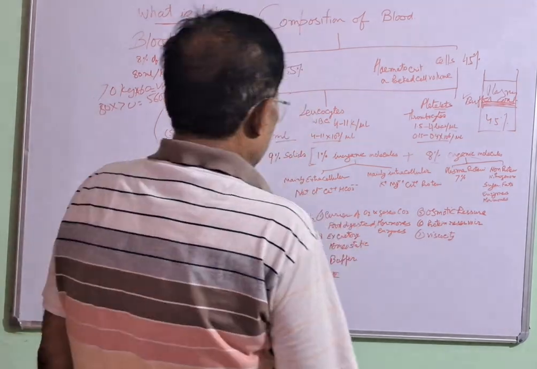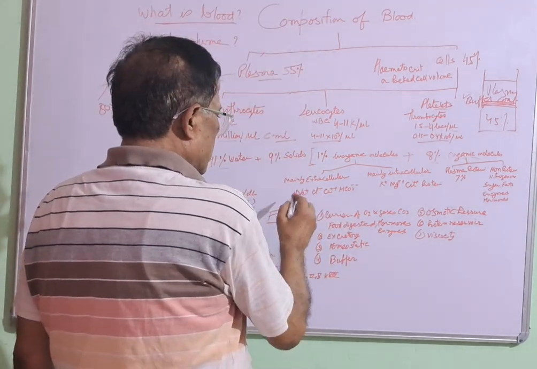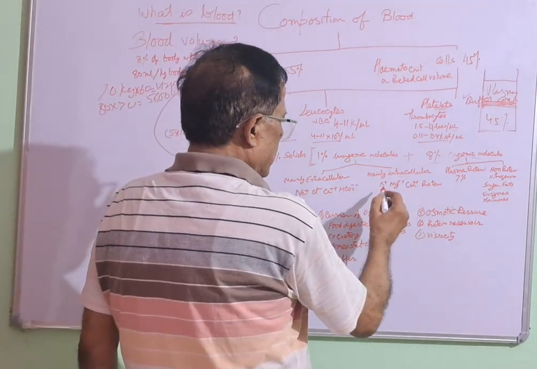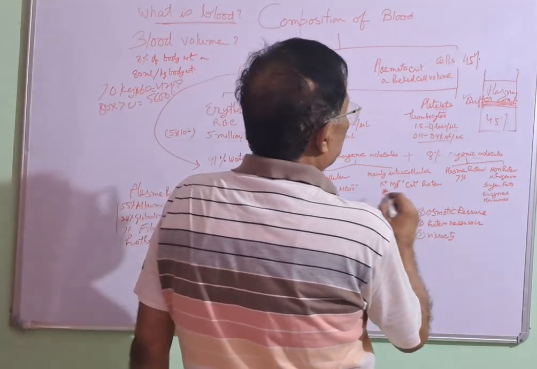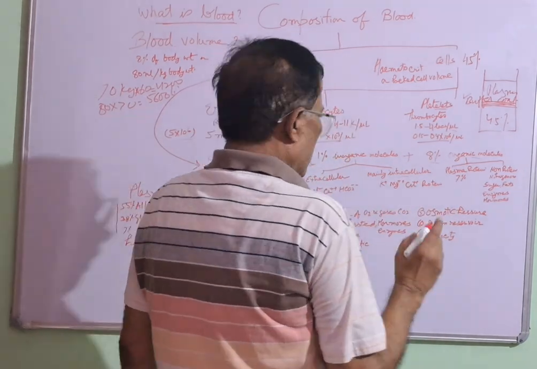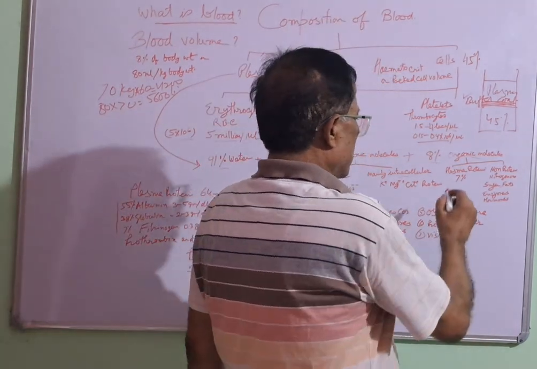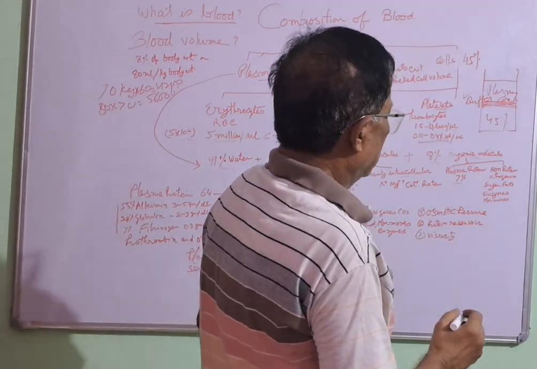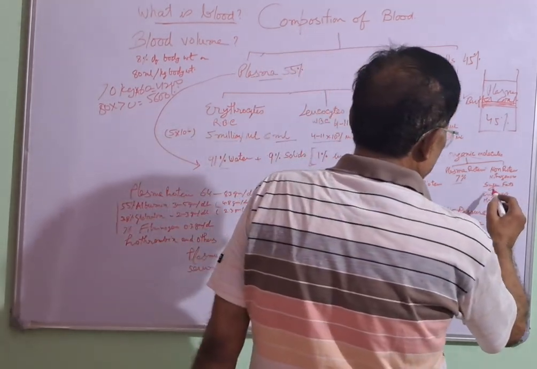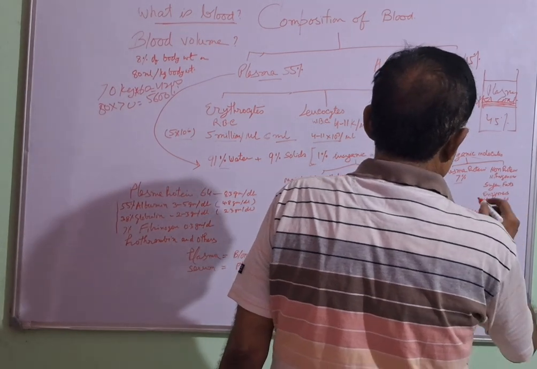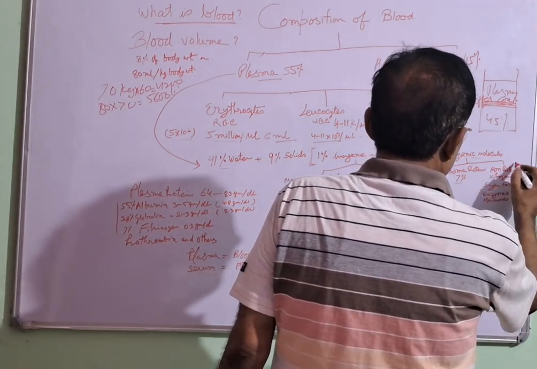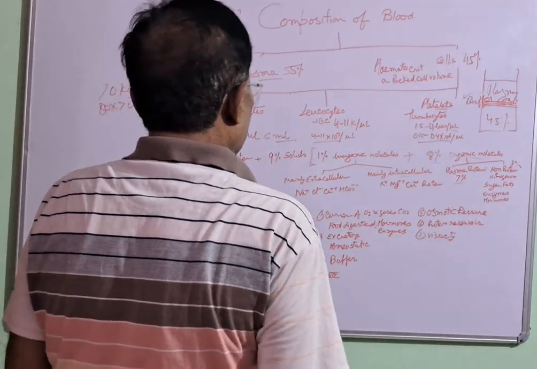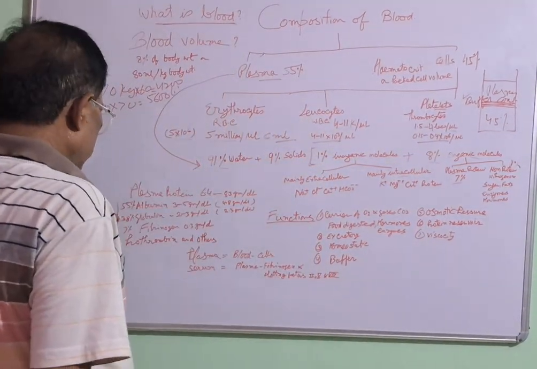Inorganic molecules consist mainly of extracellular sodium, chloride, calcium, bicarbonate, and mainly intracellular ions are potassium, magnesium, copper, and proteins. In organic molecules, plasma protein is 7%, and non-protein nitrogenous substances, sugar, fat, enzymes, hormones are 1%.